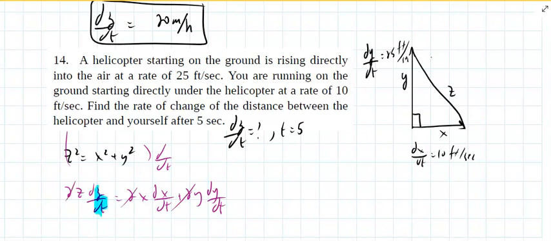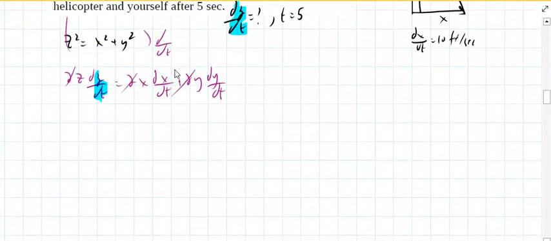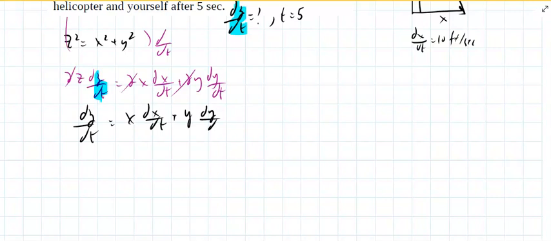I am looking for dz/dt, so the usual: dz/dt would be (x dx/dt plus y dy/dt) over z, very similar to the previous problem. The right triangles are very close. The only catch is that sometimes they play with the angle instead of the sides. So we know that dz/dt, actually let me move underneath.